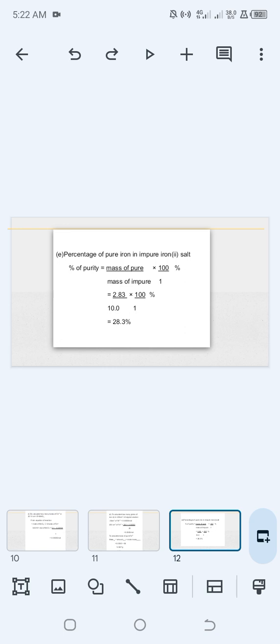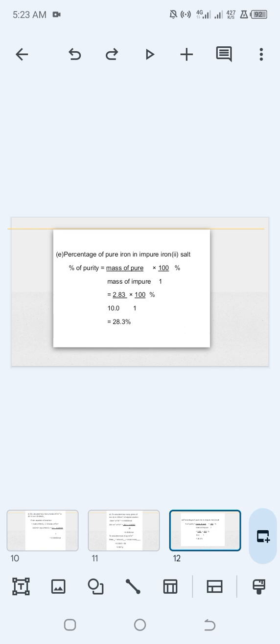Now, the next question says percentage of pure iron in impure iron salt. We were given the impure iron, and the impure iron was 10 grams. That was the mass. But we've calculated the mass of the pure iron in our D, where we got 2.83 grams.